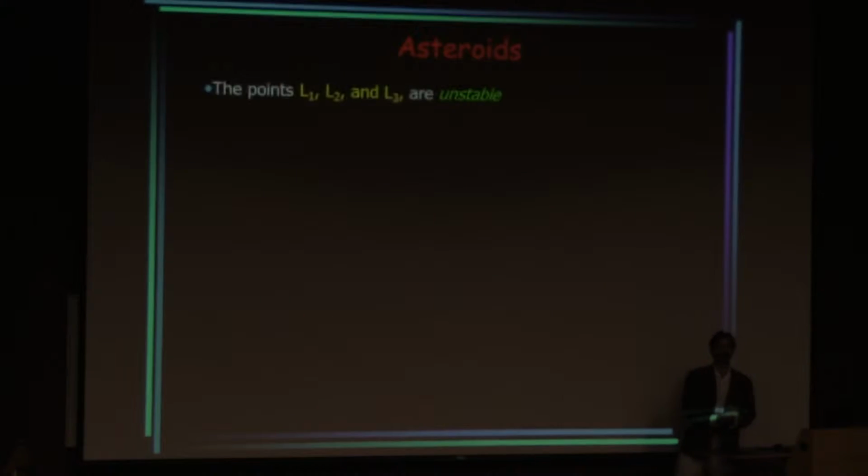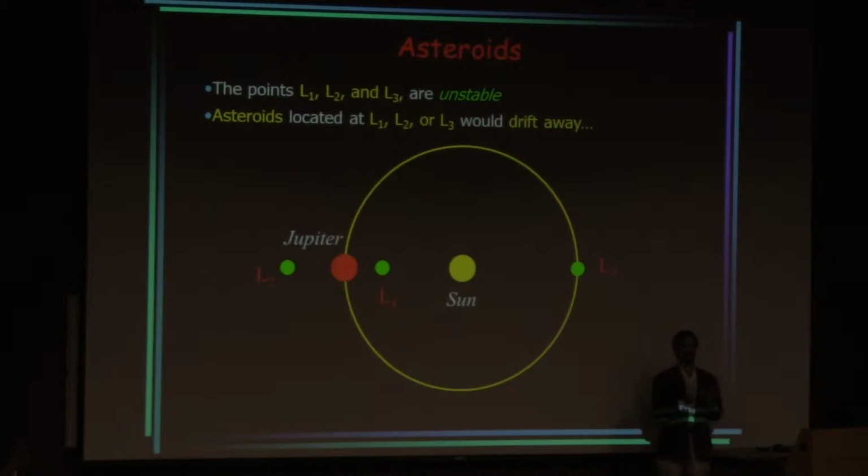I mentioned that they're all equilibrium points, so they all represent points in space where the forces balance, okay? But there's another consideration on top of that, which is the stability of the situation. So you can have equilibrium at L1 and L2 and L3.